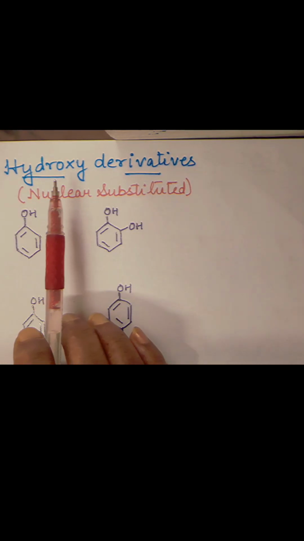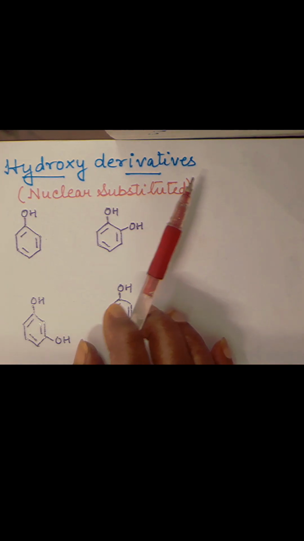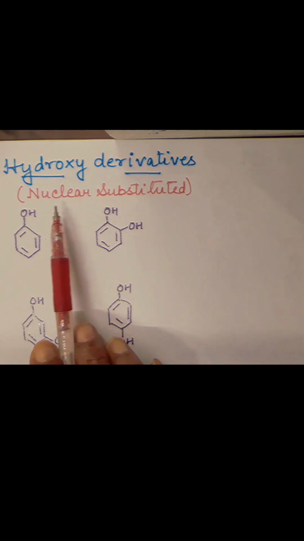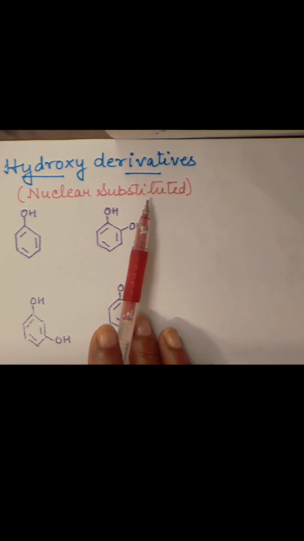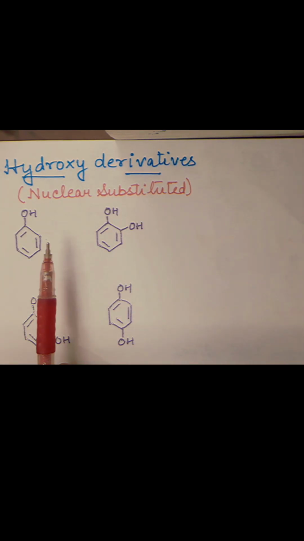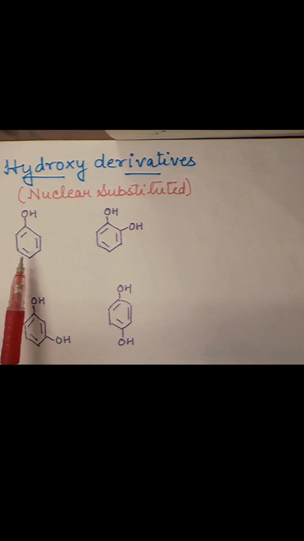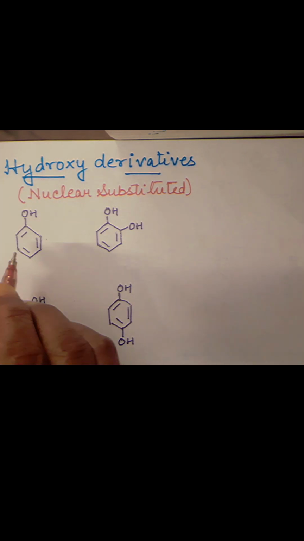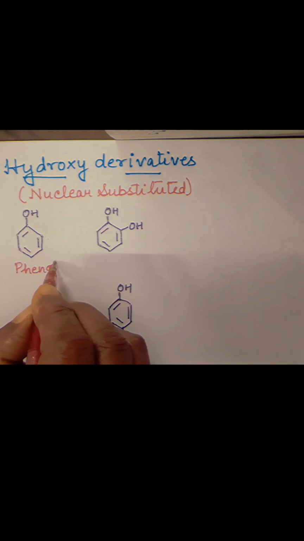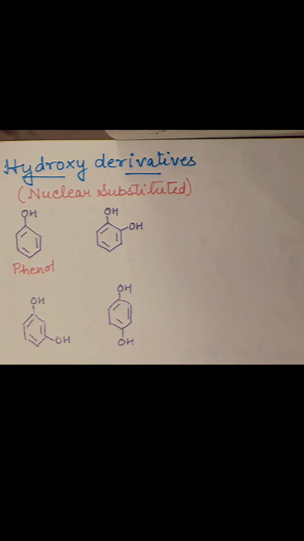Now moving to the hydroxy derivatives of aromatic compounds. Again, they are nuclear substituted as well as side chain substituted. For nuclear substituted hydroxy derivatives, we call the simplest structure phenol.